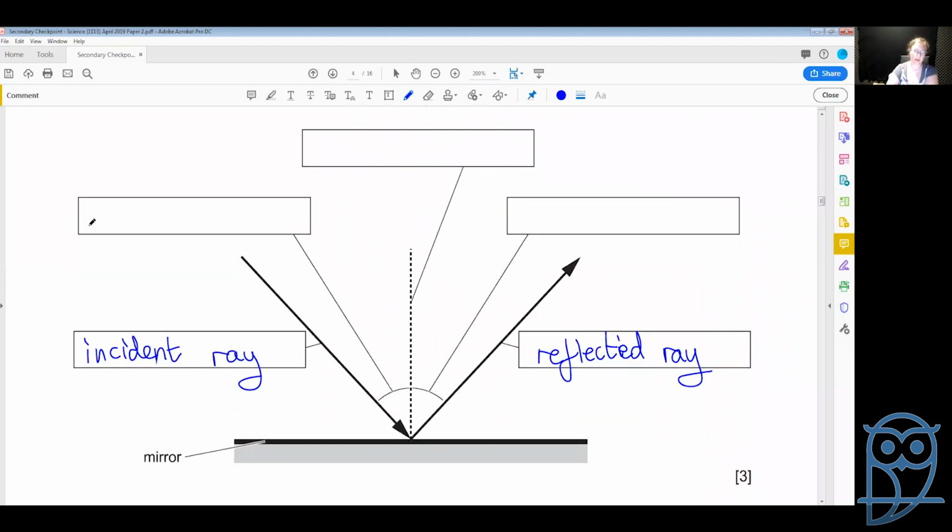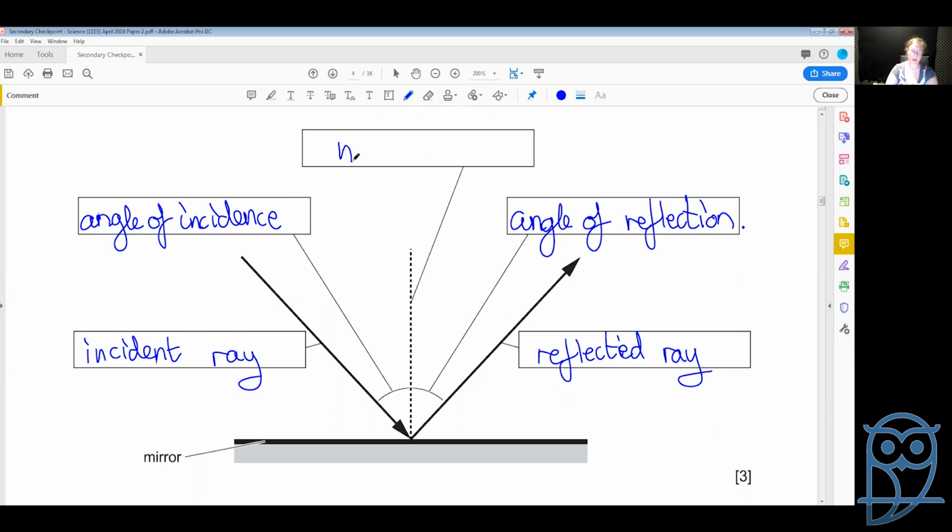That must mean this is the angle of incidence. And this is the angle of reflection. And lastly, this is the normal. Okay.